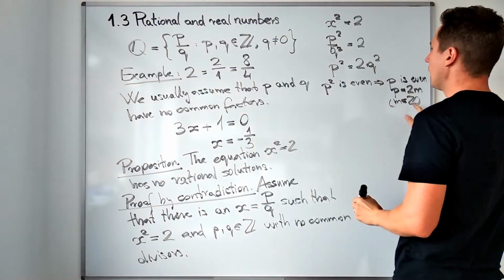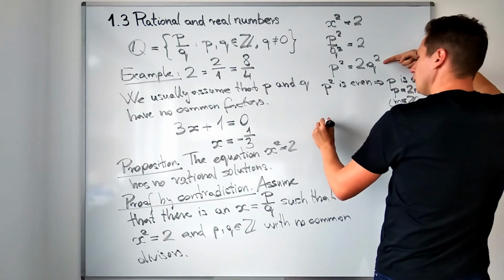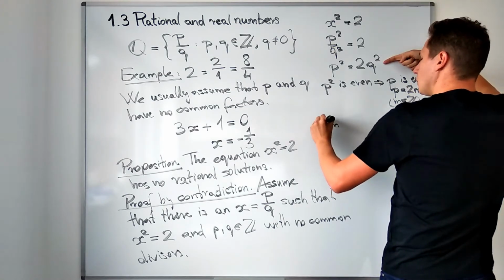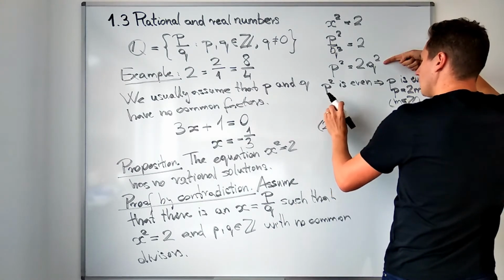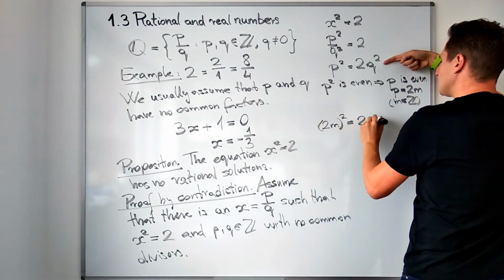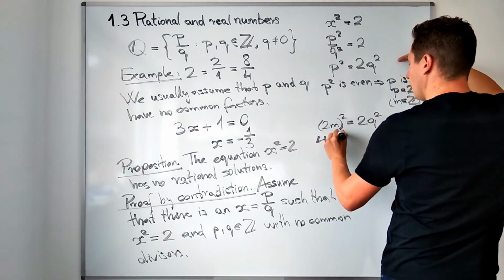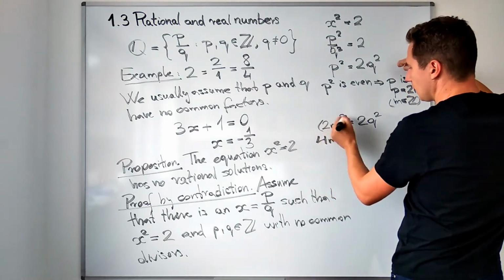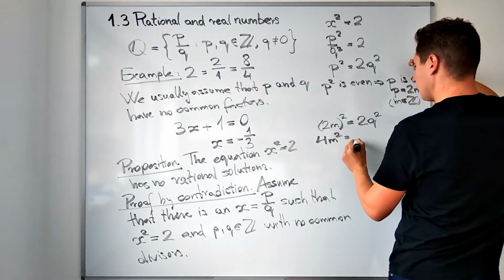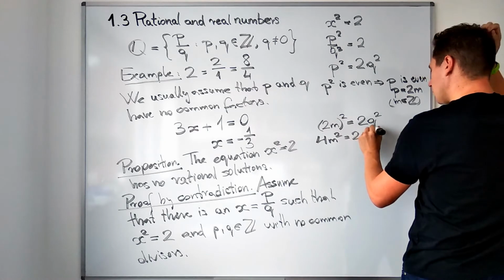Okay, and let me go back to this line. Now if I substitute 2m for p, then I have (2m) squared equals twice q squared. Now I have basically 4m squared, by squaring each factor in 2m, equals 2q squared.